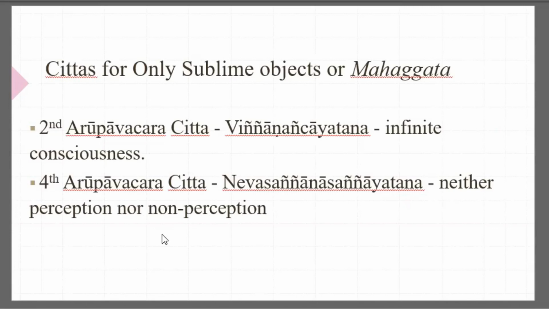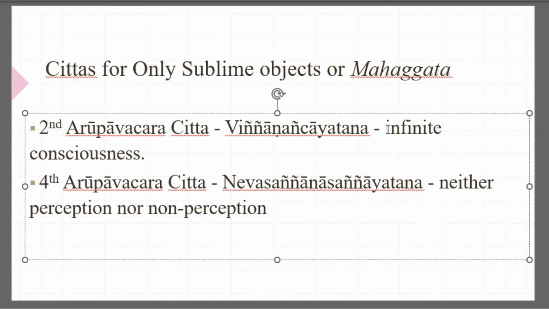Here, among those Arūpāvacara Cittas, the second Arūpāvacara Citta takes the first Arūpāvacara Citta as its object. Therefore, the object is sublime or Mahaggata. The fourth Arūpāvacara Citta takes the object of the third Arūpāvacara Citta.